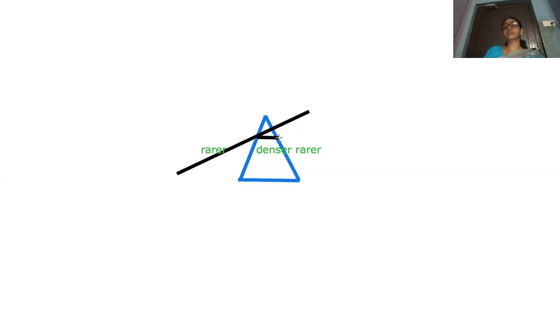We call it dispersion. When it is coming out, you will see the violet color will bend towards the base of the prism, and you will get different colors: violet, indigo, blue color.